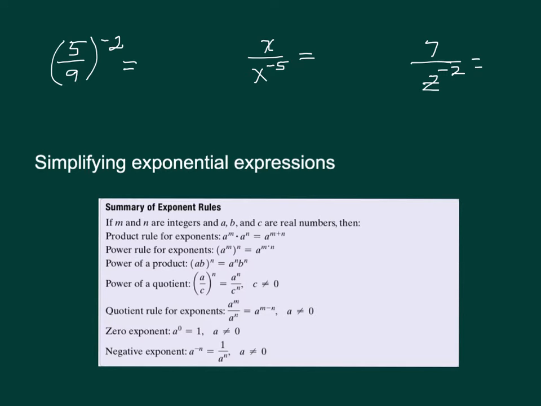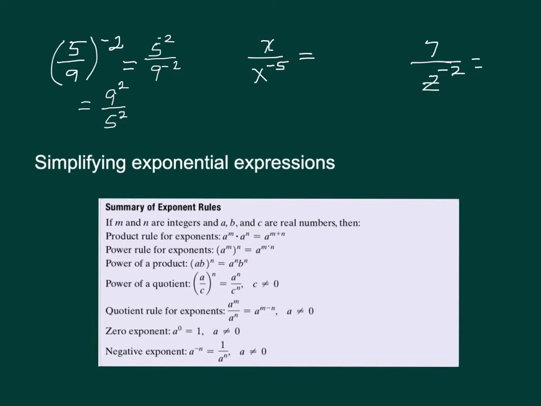So we have 5 to the negative 2 over 9 to the negative 2, which then gives us what? 9 to the positive 2 over 5 to the positive 2. If we move the bases from top to bottom and change the sign of their exponents.